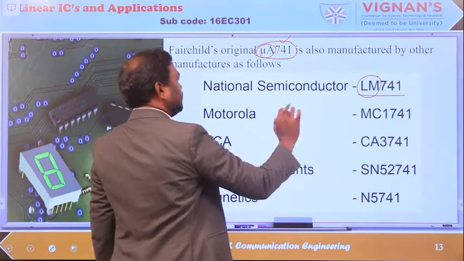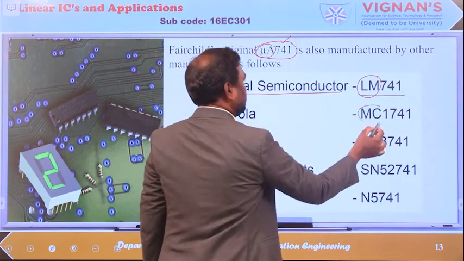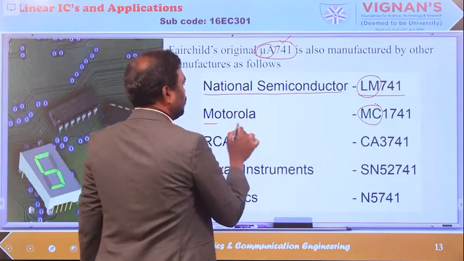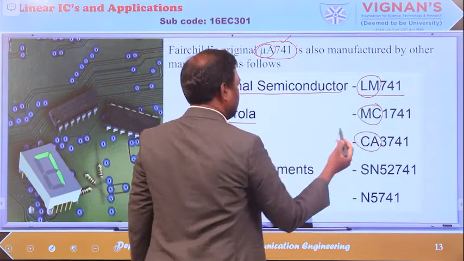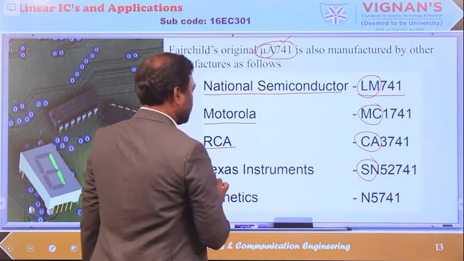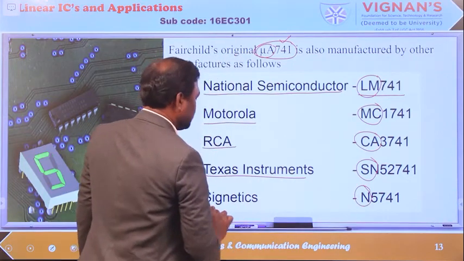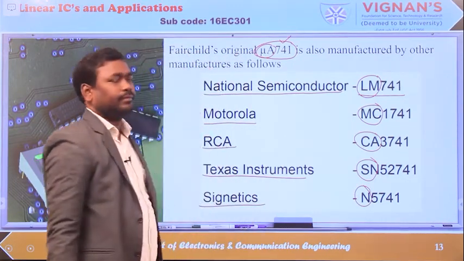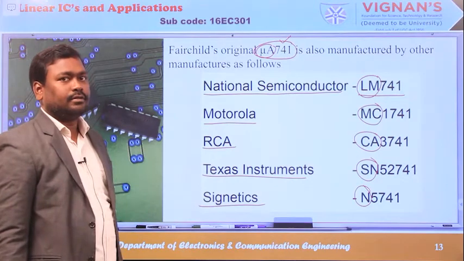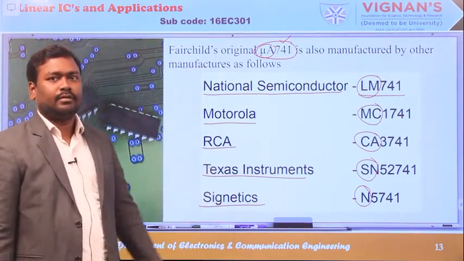So LM is for National Semiconductors, MC is Motorola, CA is RCA, SN is Texas Instruments, and N means Signetics. So based on the first letters, we identify the manufacturer.